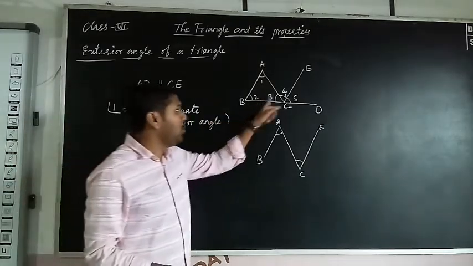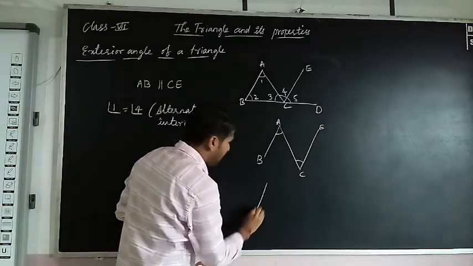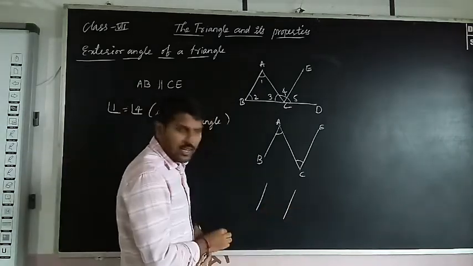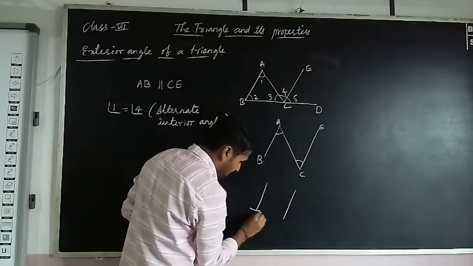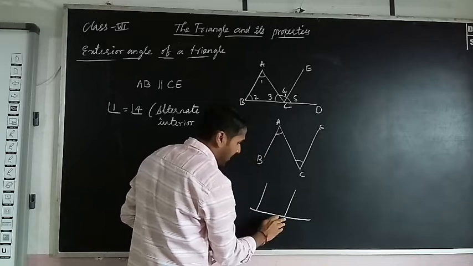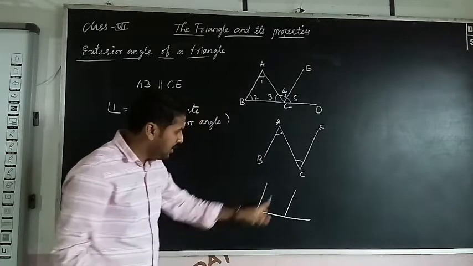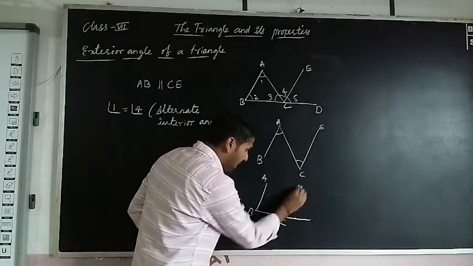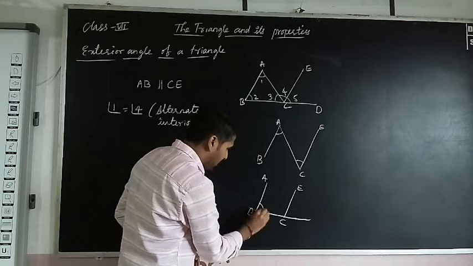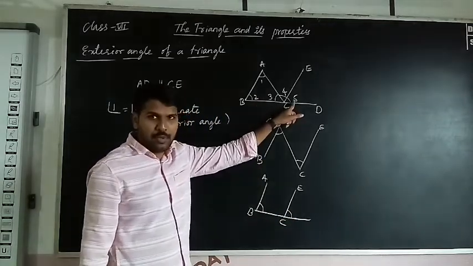Next, 2 and 5. So see here. These are two parallel lines, A, B, C, E, and I am asking about this and this, 2 and 5.